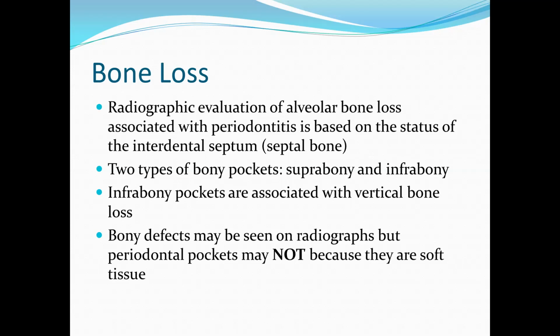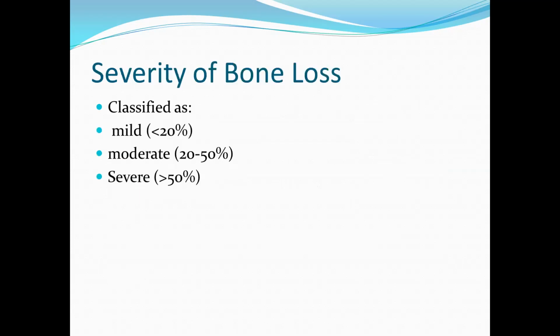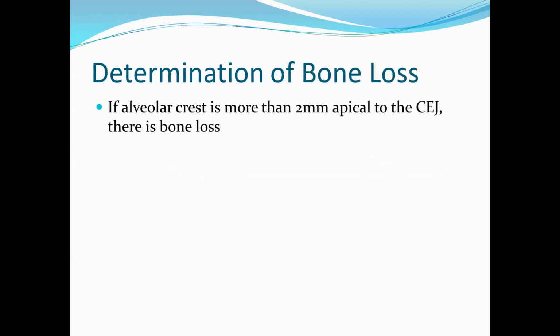Okay, but we don't know what the pockets are because we don't know where the soft tissue is. All we know is how much attachment loss. So the severity is classified as mild, moderate, severe, or advanced. If the crestal bone is more than 2 millimeters apical to the CEJ, then there's bone loss.